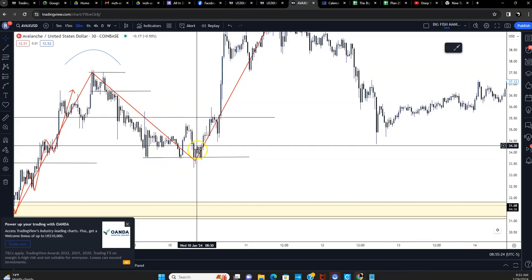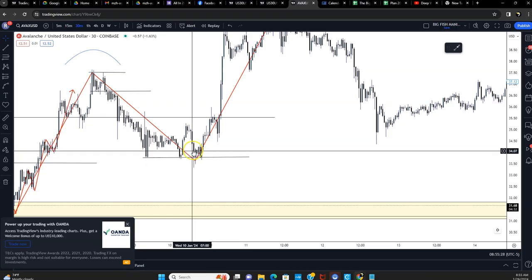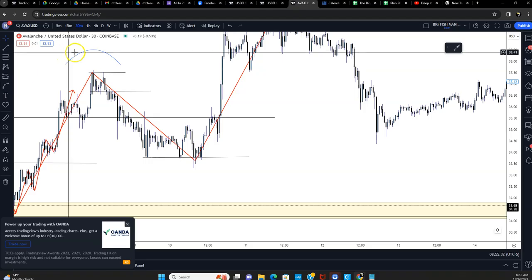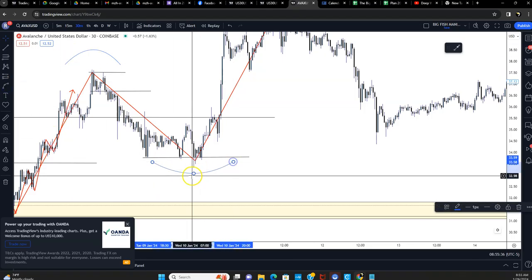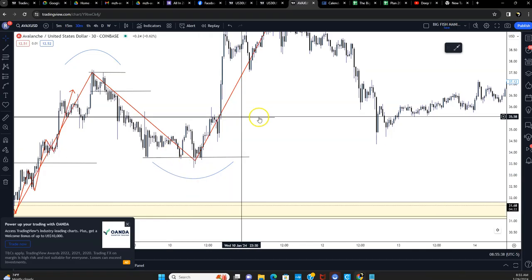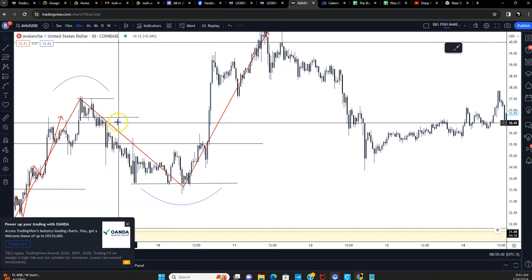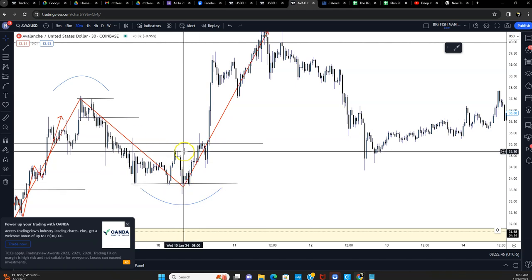Equal lows created, manipulation, that wick all the way down. It came up, failed to break this low right here. Market structure shift. Previous high broken. Like I said, you don't have to catch it at the tail. You don't have to catch it down here. Previous high broken.